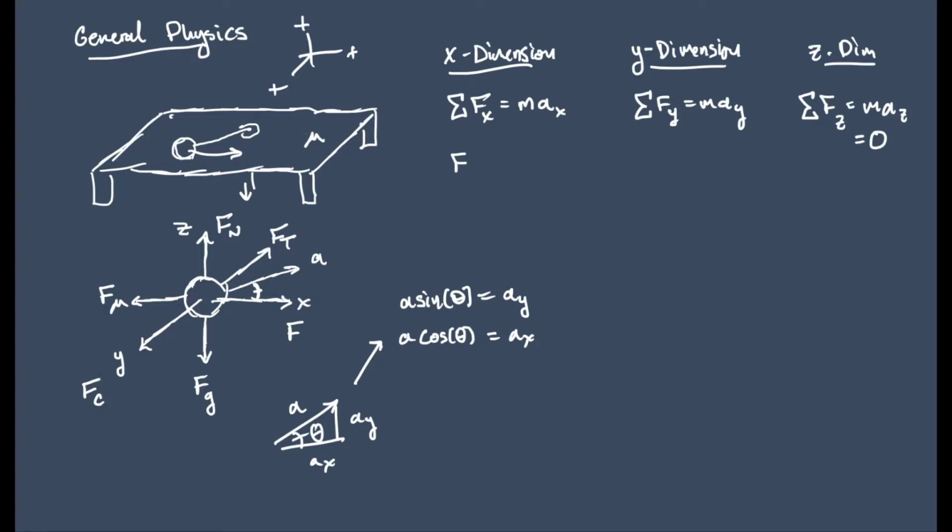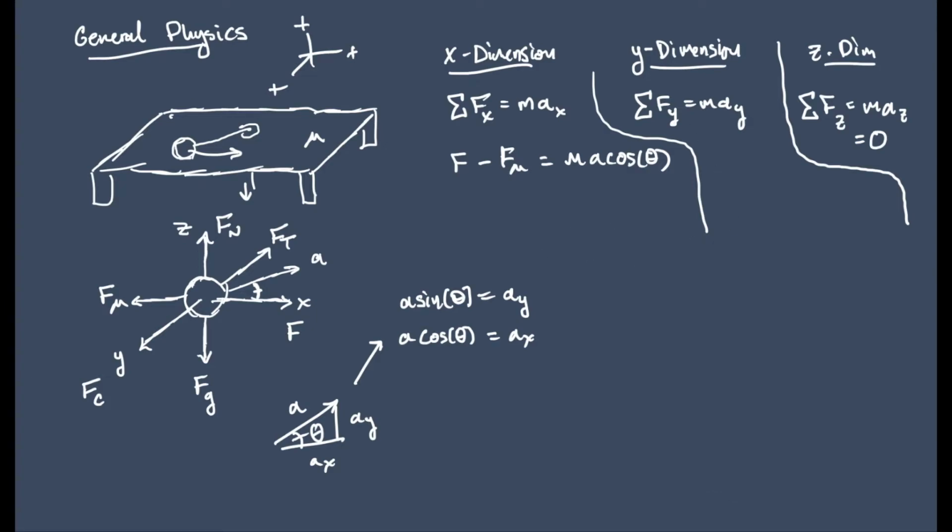So the force minus the force due to friction is equal to m times a_x. We said a_x is a cosine of theta. This z dimension we're not going to really worry about.